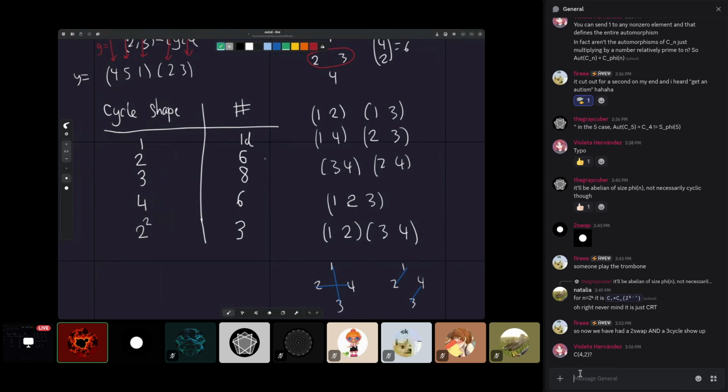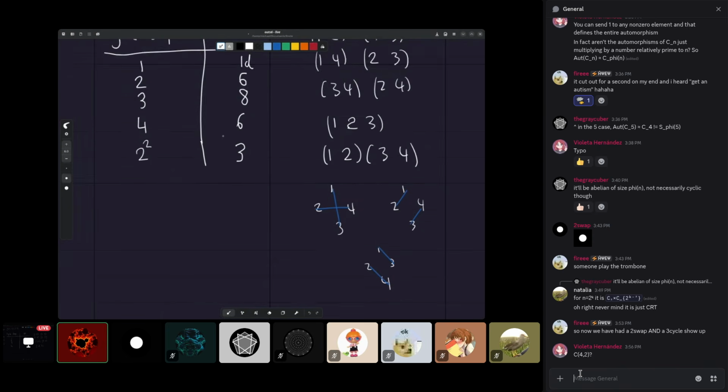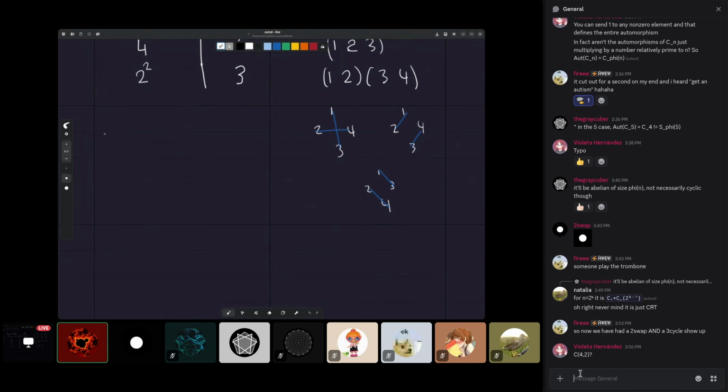Yes, exactly. In principle, you could have that, but it turns out you can't because there's a theorem.